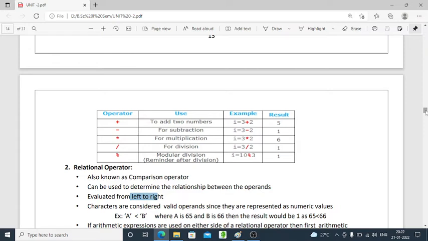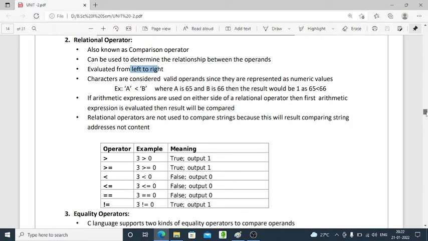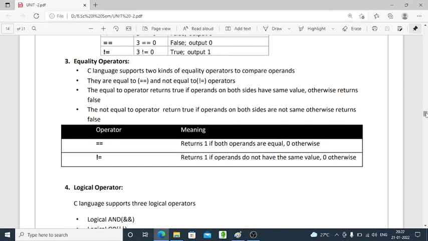The second one is relational operators, which are used to find the relation between two operands. These are the examples for relational operators. And the third one is equality operators, which are nothing but equal to and not equal to.